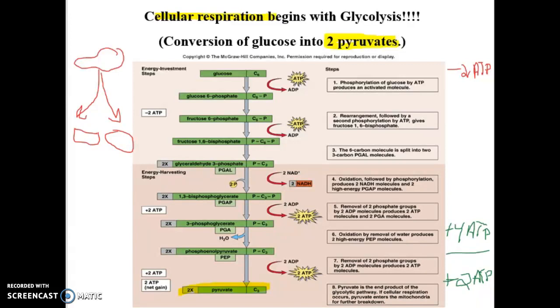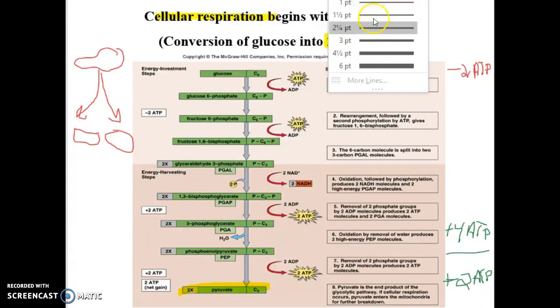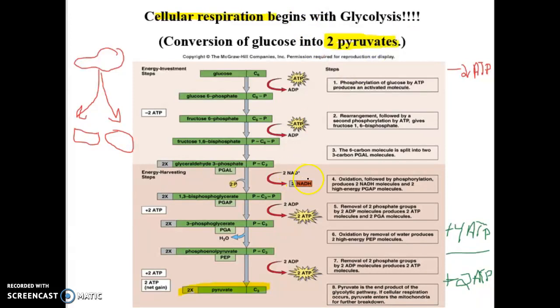But 2 ATP is not enough. That's not enough to sustain life. So what we need to do is figure out how can we turn those 2 ATP into more. Can we make more out of it? So the other thing that we get that I want to make sure we mention when we run glycolysis are these things called NADH.